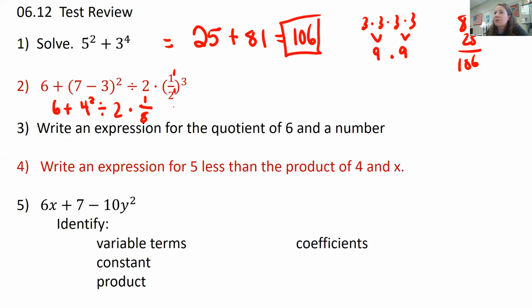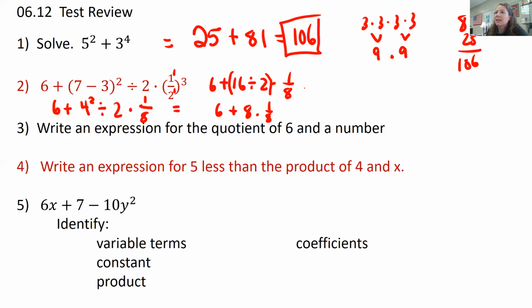Okay, so now we're going to do exponents next. So we have 6 plus 4 squared, which is 16. Now we do multiplication and division in order from left to right. The first thing that comes before this multiplication problem is division. So 6 plus 16 divided by 2 is 8.